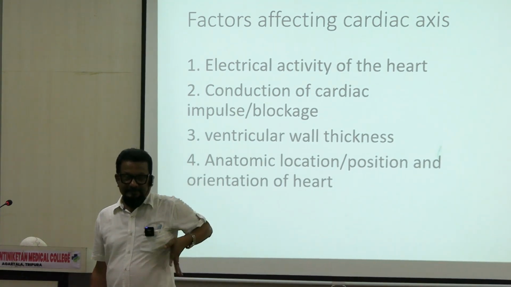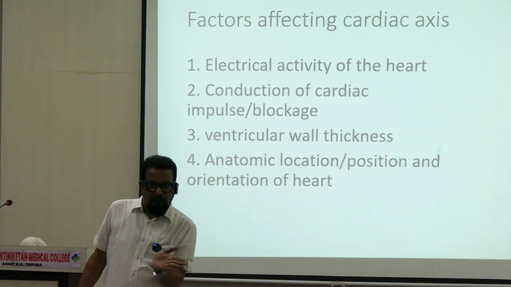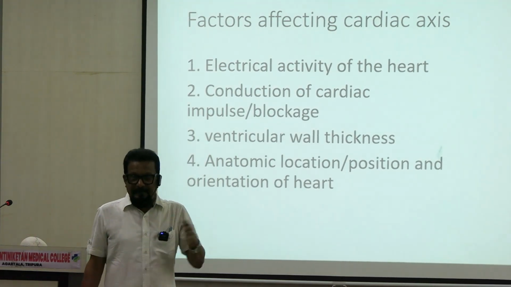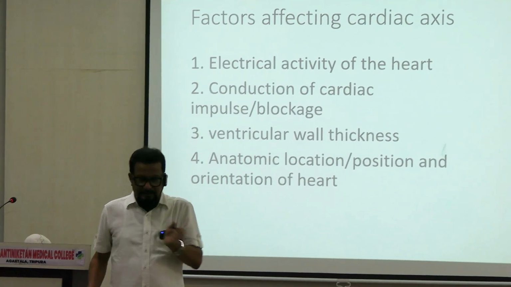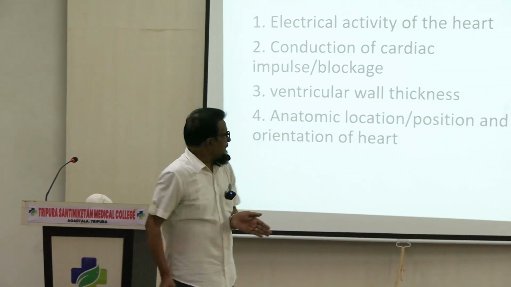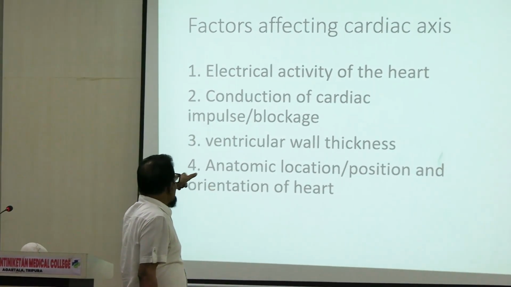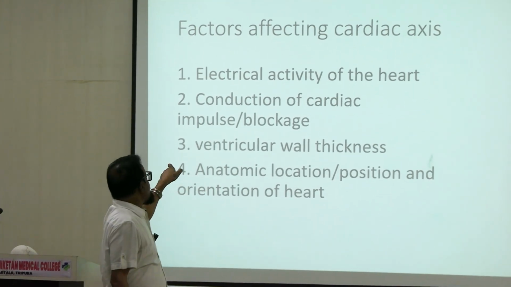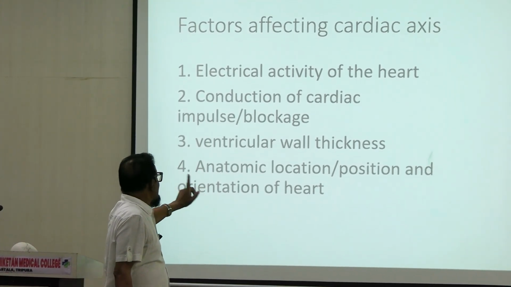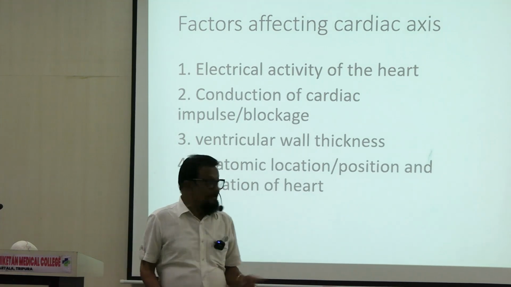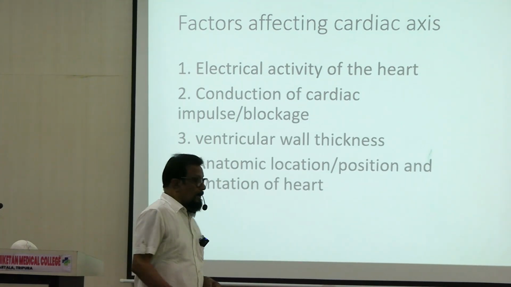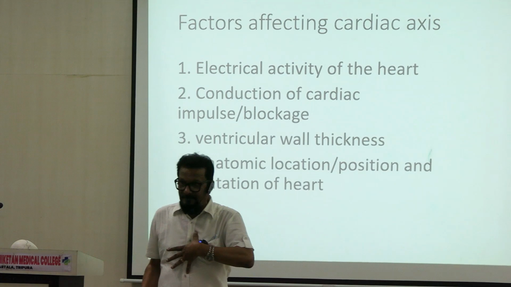Ventricular wall thickness. Where the thickness is, the shift will be moved to that side. If the thickness is in the right ventricle, the shift will be towards the right. So ventricular wall thickness is also an important determinant of cardiac axis. Then the anatomical location, position or orientation of the heart.